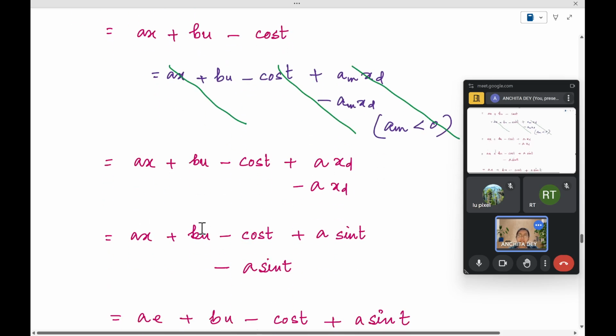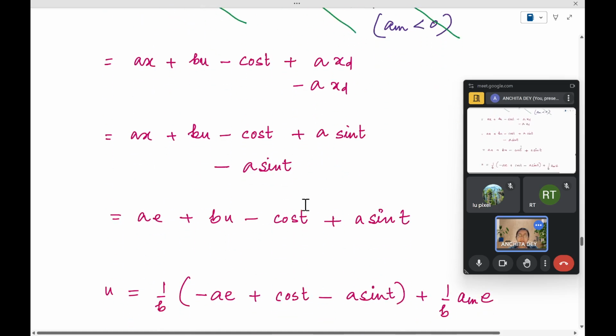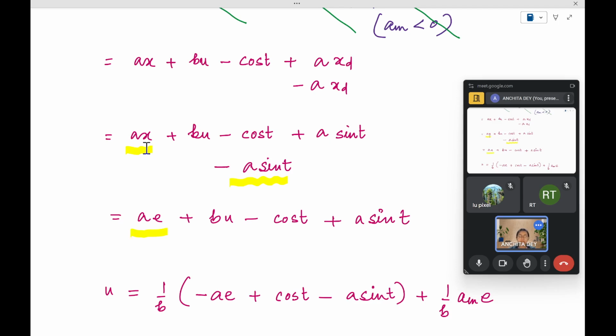So we have ax plus bu minus cosine of t plus a sine of t minus a sine of t. Now I have here ax and here minus a sine t, and this leads me to a into e, because x minus sine t was my e. And then we have the remaining terms, plus bu minus cos t plus a sine t.